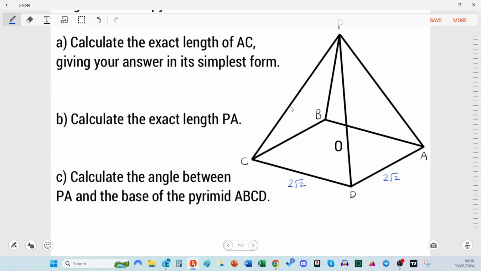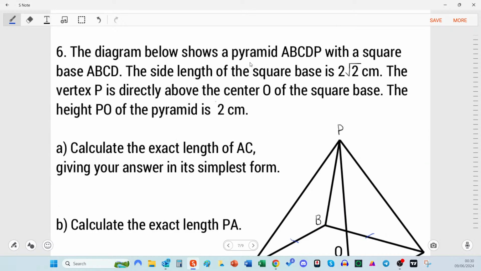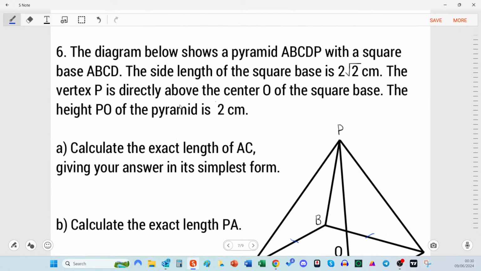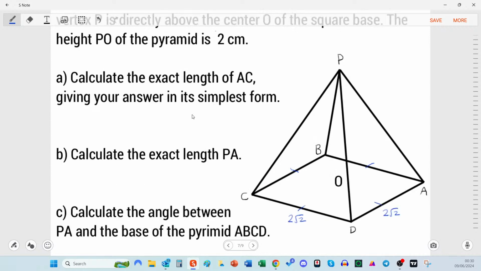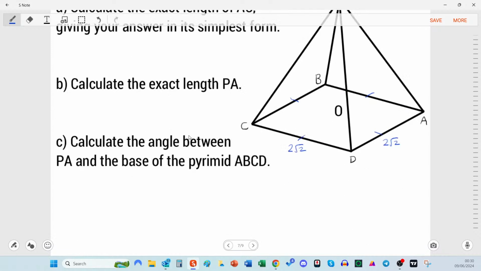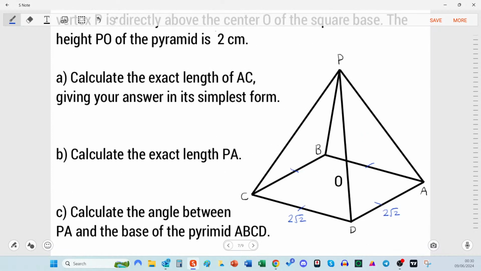And that's a square base. The vertex P is directly above the center O. Okay, so that's all centered. And the height PO of the pyramid is 2 centimeters.